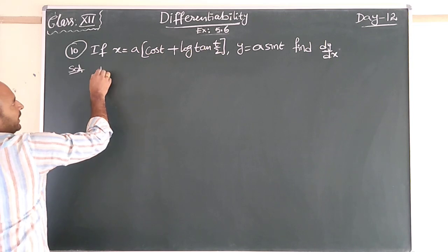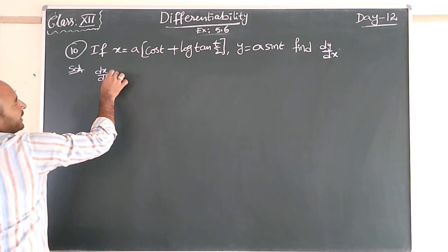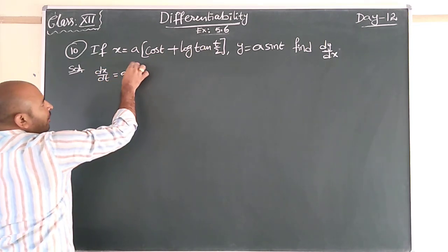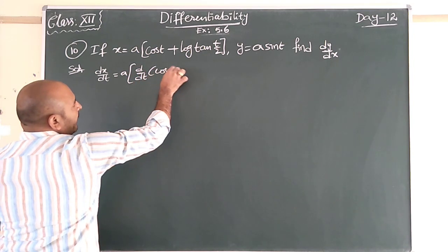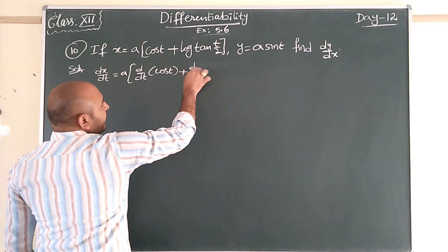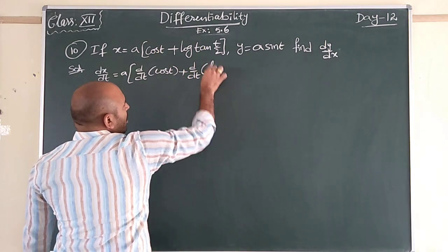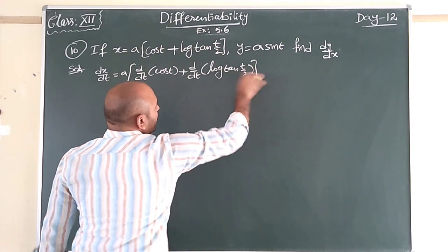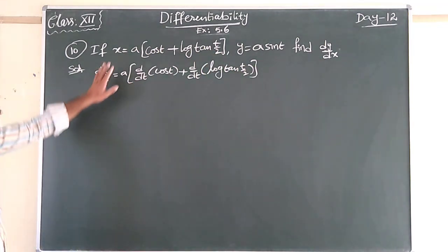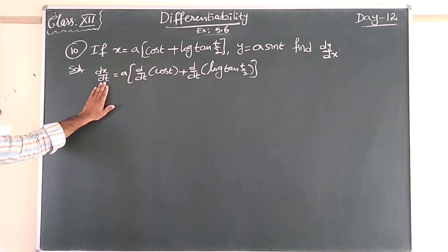First function: dx by dt is equal to a of d by dt of cos t plus d by dt of log tan t by 2. I am taking the first function and differentiating with respect to t on both sides.